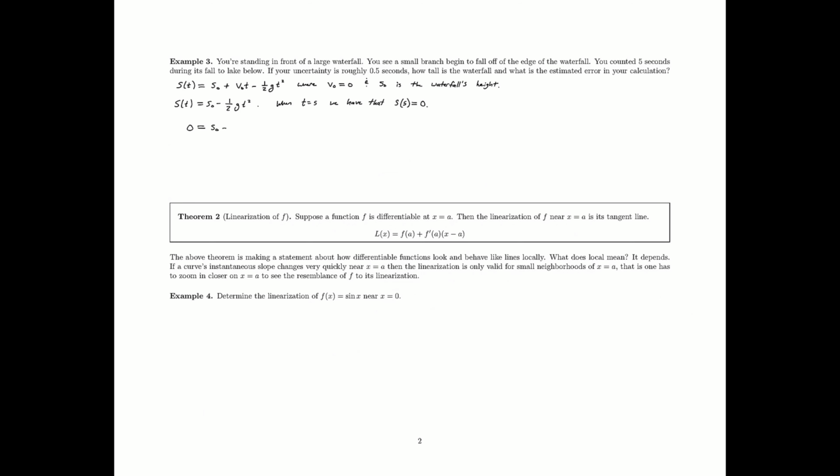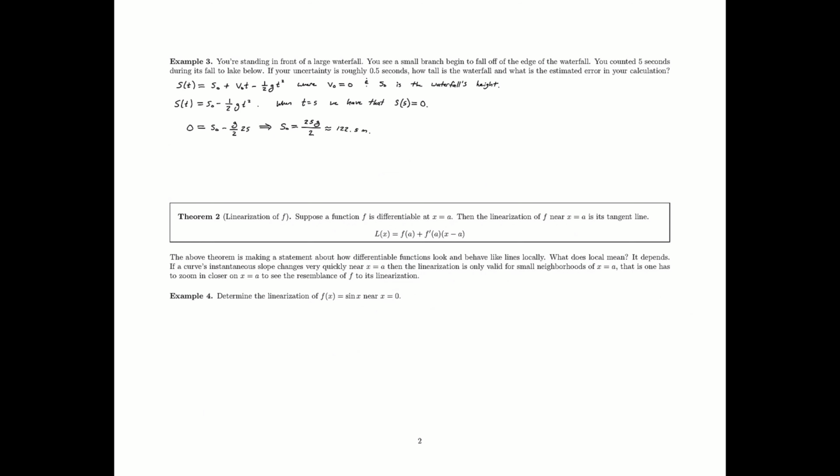So it appears that our initial height of the waterfall, s naught, is 25g over 2, which is about 122.5 meters.